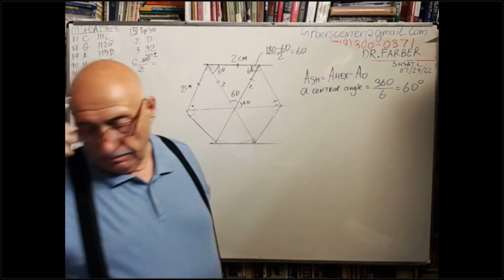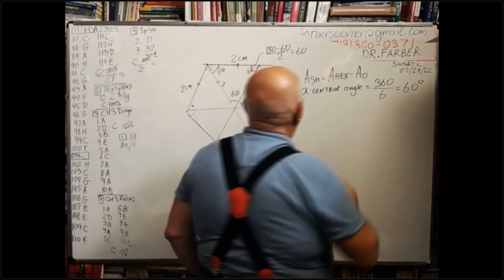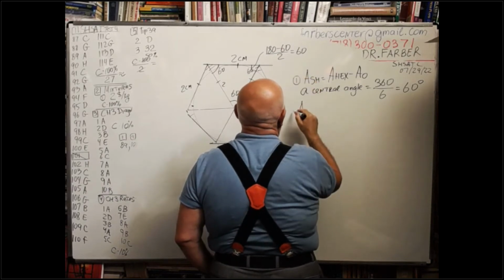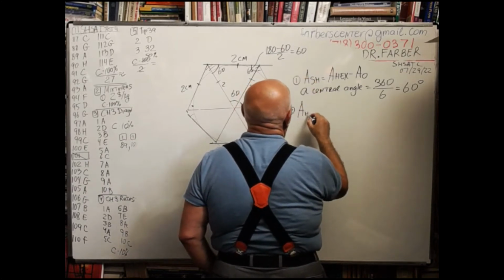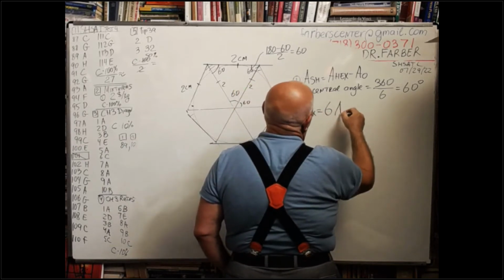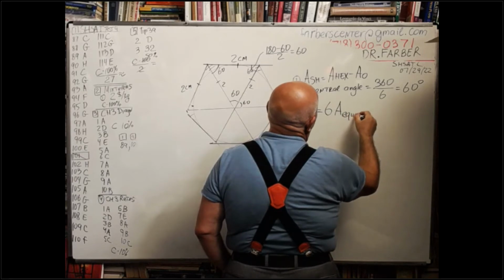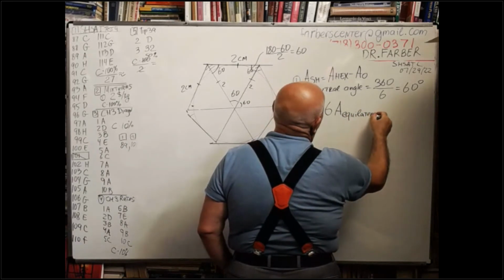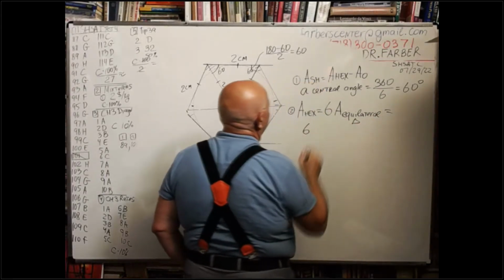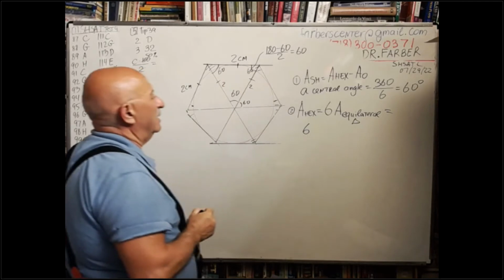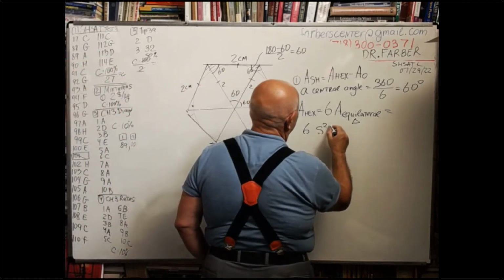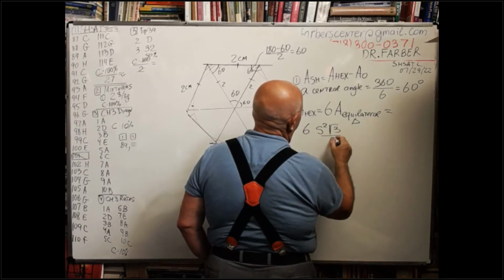How to find the area of the hexagon? Area of hex, this is step number 1, equals 6 areas of equilateral triangle. Triangles equals 6, and you studied the area for equilateral, which is s squared, square root of 3 over 4.